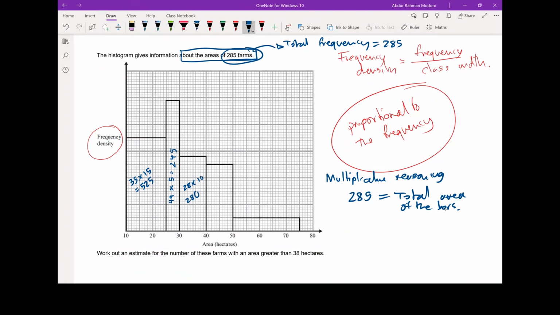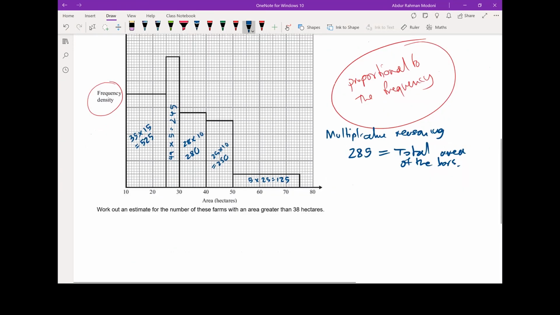The next one is 10, 20, 25 times 10, which is equal to 250. And the last bar is 5 along the vertical axis times 10, 20, 25, which is equal to 125. Now I have the total of the area in terms of those little squares.